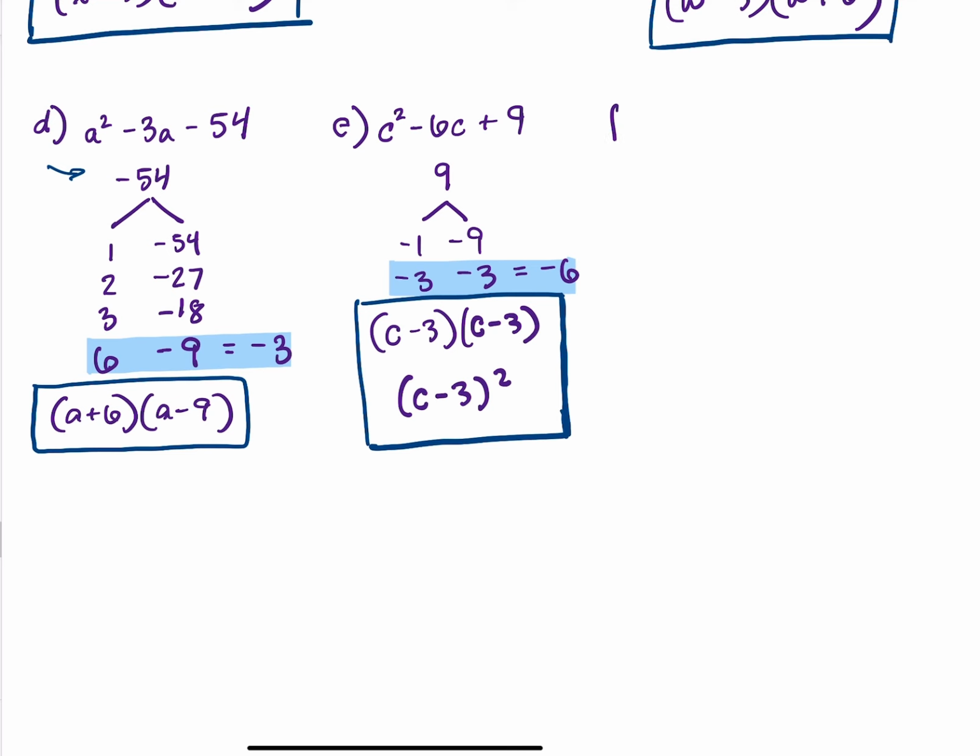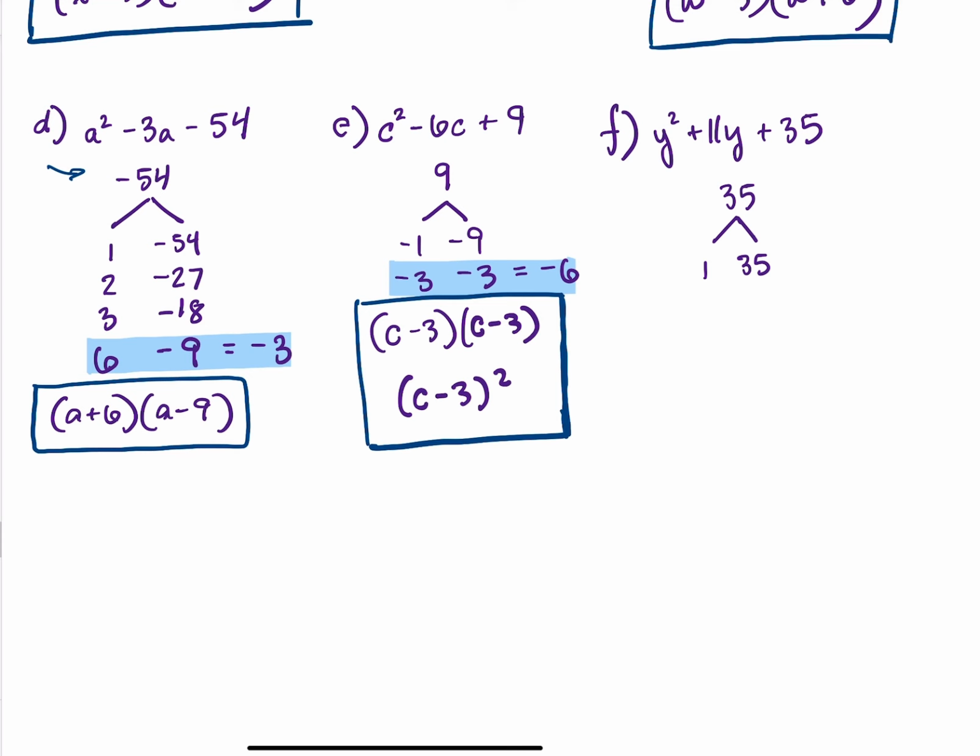And then part F gives us y squared plus 11y plus 35. So we're looking for factors of 35 that add up to positive 11. So what are our possibilities? We have 1 and 35. Definitely doesn't add up to 11.